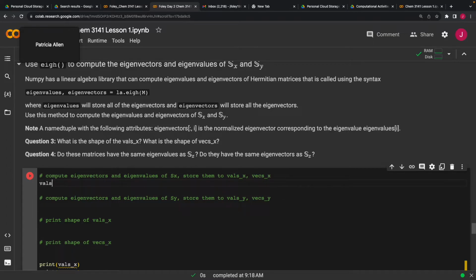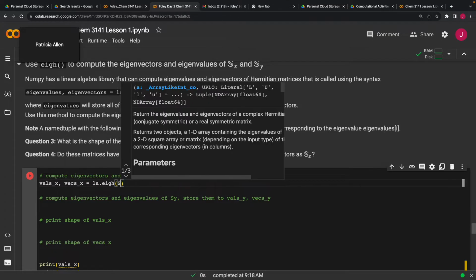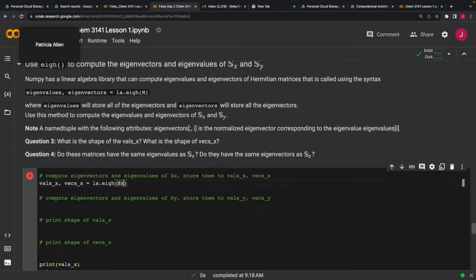So I'll do vals x, comma, vex x is equal to LA.eigh of Sx. And the same thing for y: vals y, comma, vex y is equal to LA.eigh of Sy.